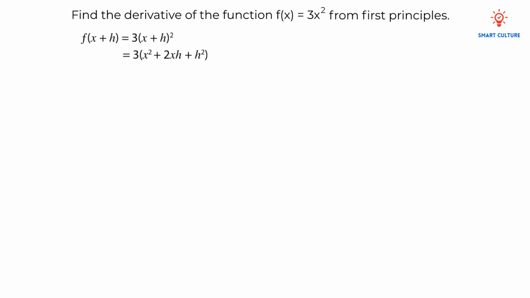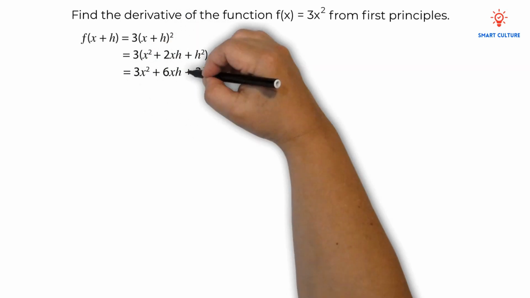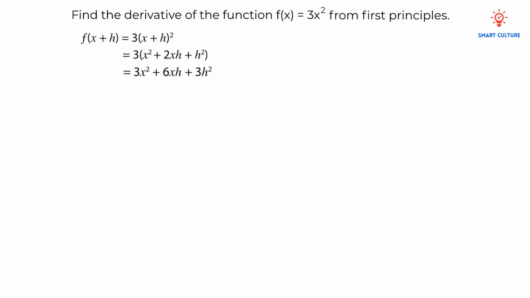Now we have to multiply the 3 with this trinomial. 3 times x squared is equal to 3x squared. 3 times 2xh is equal to 6xh. 3 times h squared is equal to 3h squared.